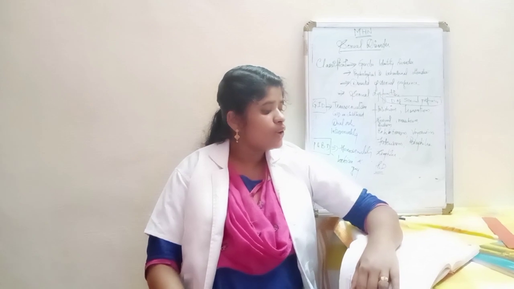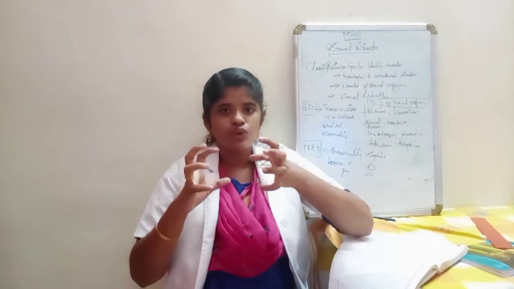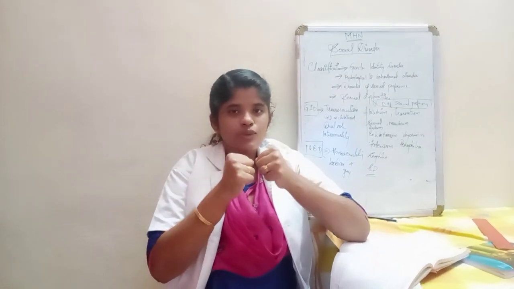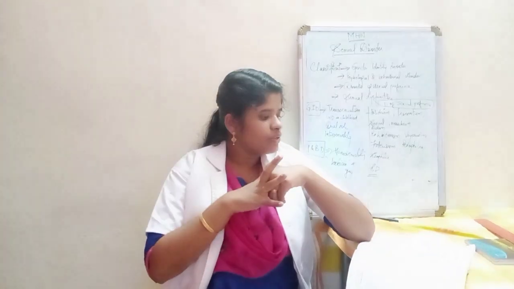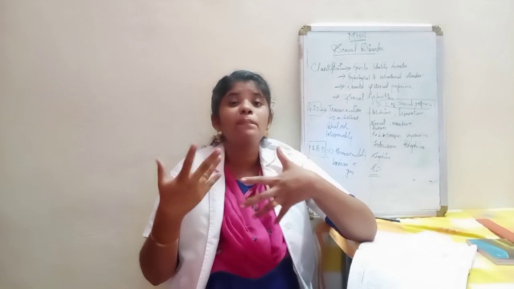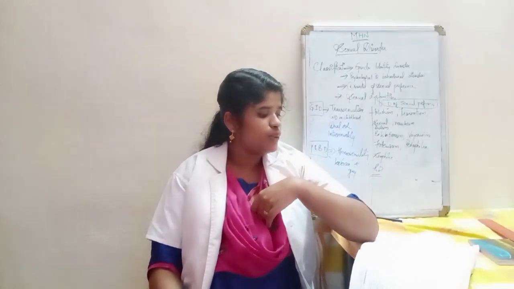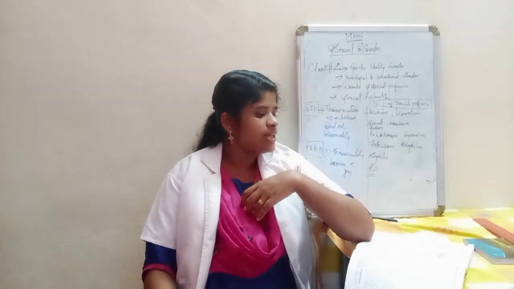Next one is non-organic vaginismus. It involves spasm, meaning the muscle is very rigid, so whenever the person has sexual contact, the person gets pain. That is non-organic vaginismus. Non-organic dyspareunia means pain in the genital area.